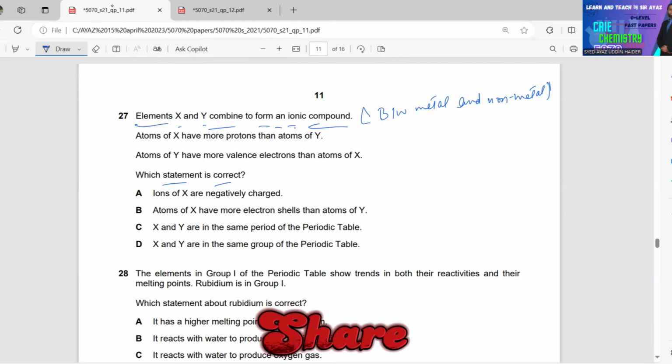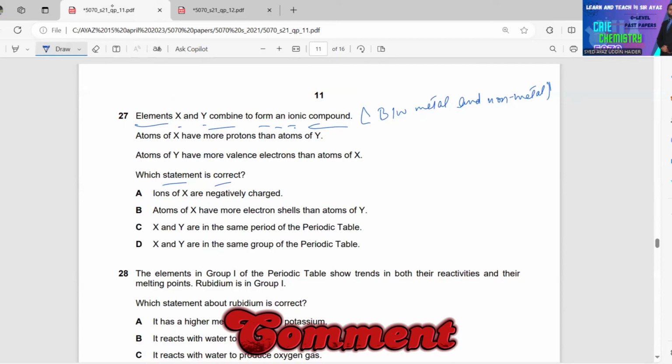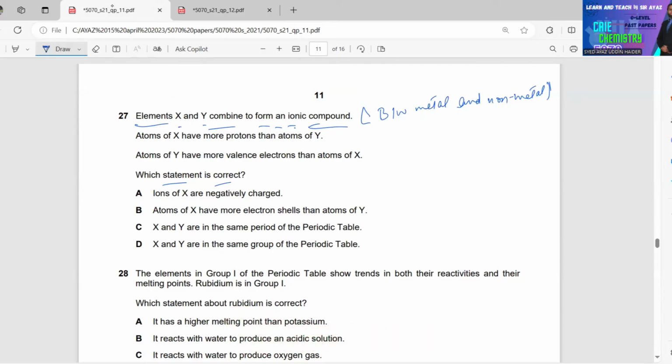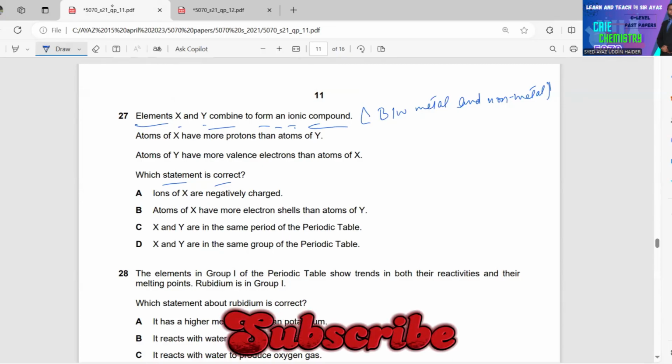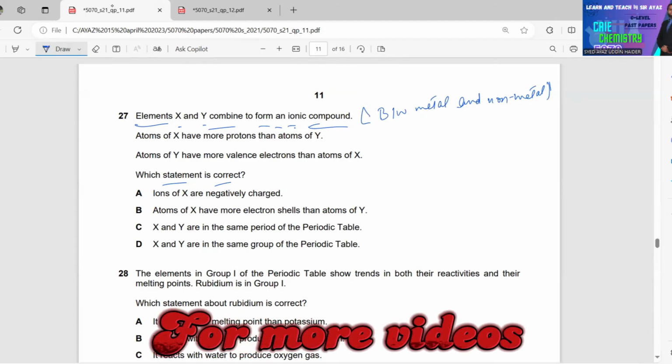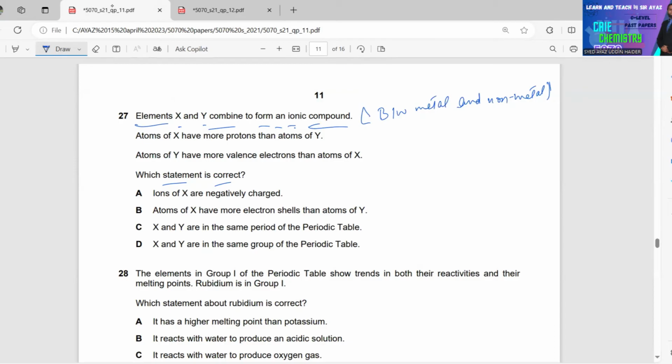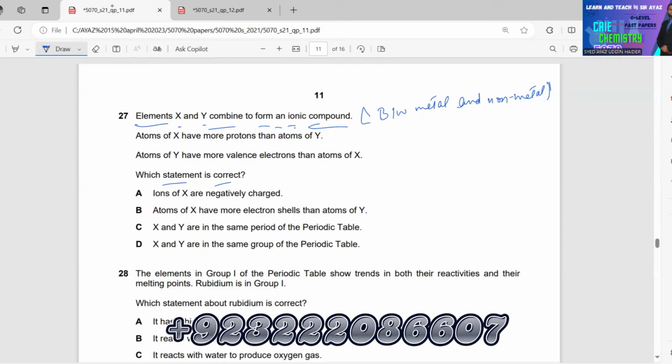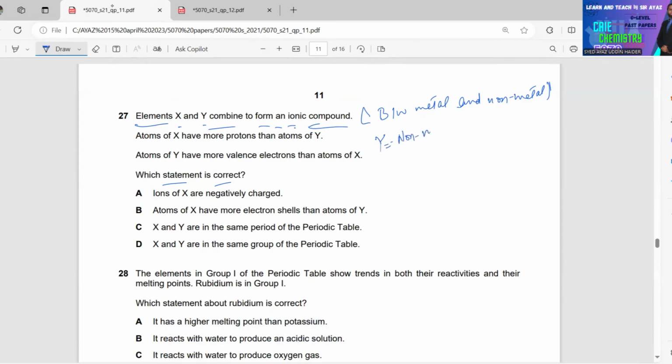We don't know which one is a metal or non-metal. But if X has more protons than atoms of Y, does it give you any idea? What about the next statement? Atoms of Y have more valence electrons than atoms of X. Yes, this statement tells that Y must be a non-metal. Y is non-metal and X is a metal.